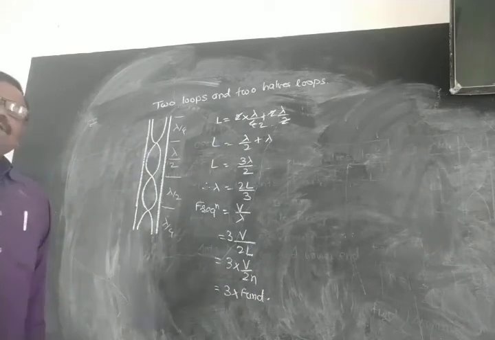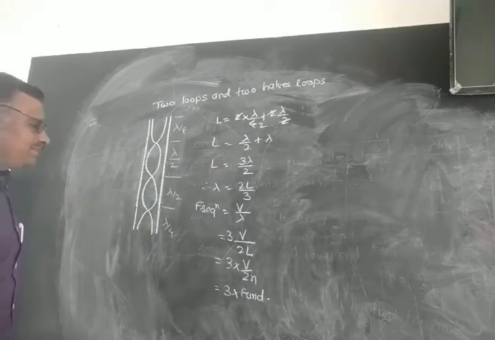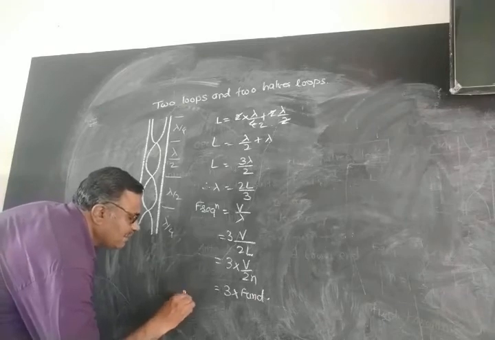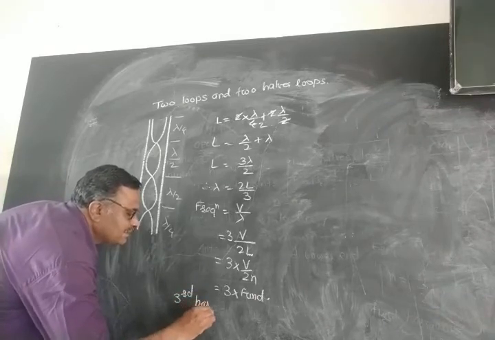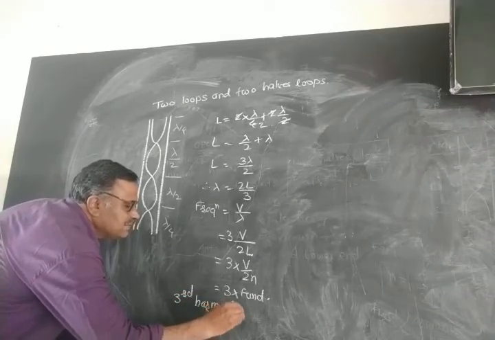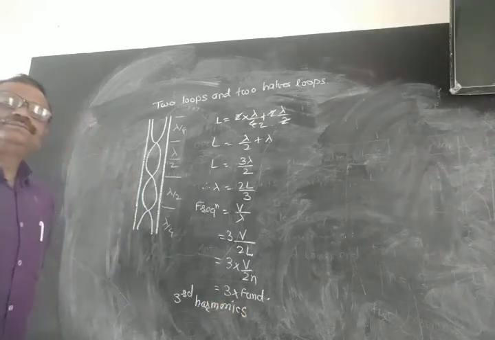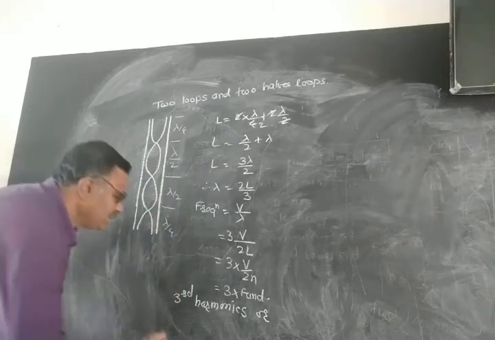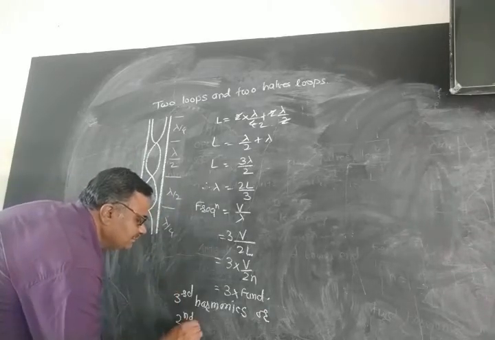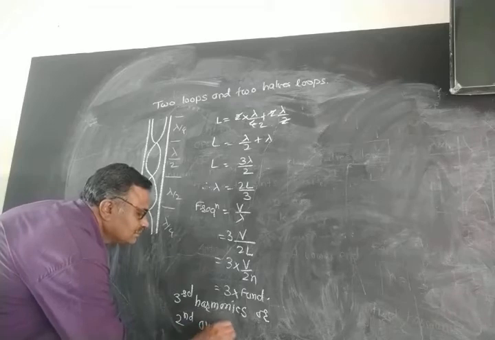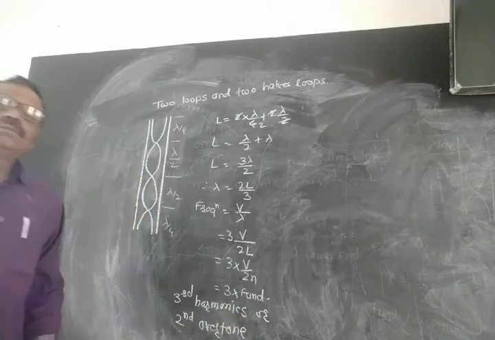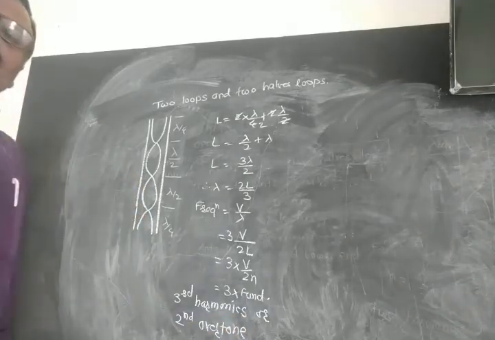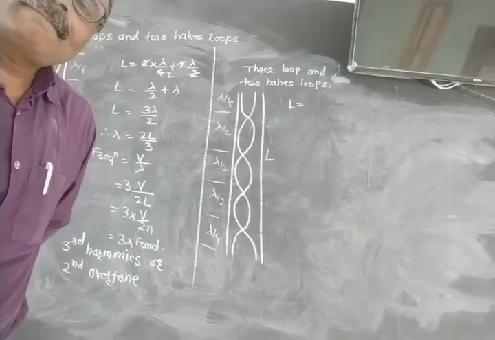This frequency is known as frequency of third harmonic, or it is known as frequency of second overtone.